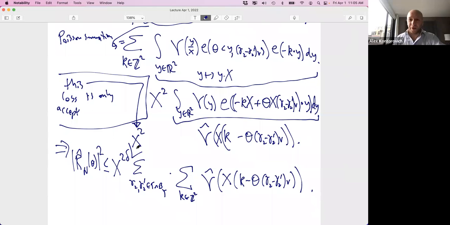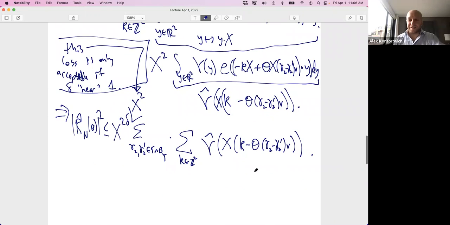And so for this to be non-zero, x times k minus theta v gamma 2 minus gamma 2 prime v must be of size less than 1.